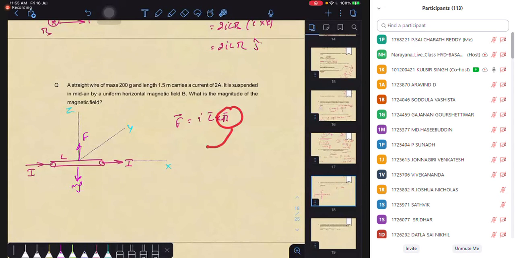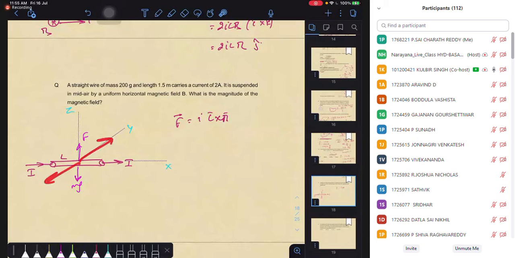It must be perpendicular to your force also. So my magnetic field should be in the y direction. Now in y, two possibilities are there, plus y or minus y. Which direction should I consider for the magnetic field?